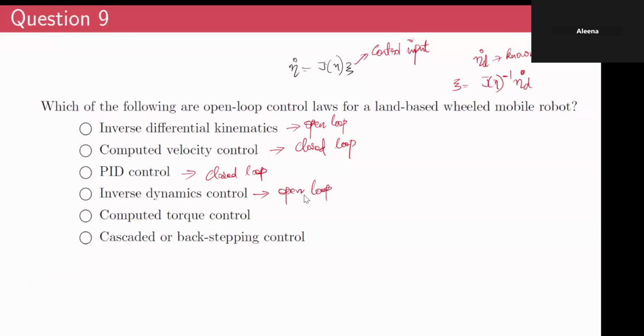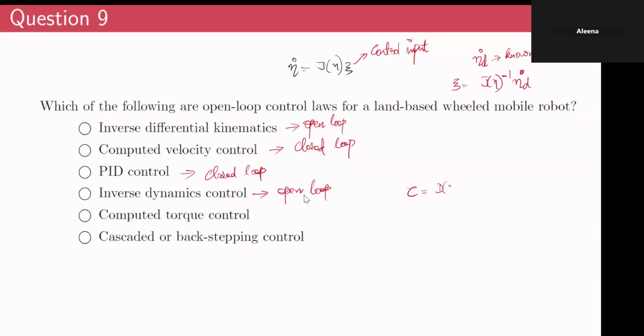Just like the inverse differential kinematics, the dynamics is defined by this equation: tau is D of zeta dot plus N of zeta. So you will have the desired positions, desired velocities, and desired accelerations. And if you know this, from kinematics you can also estimate desired positions, velocities, and accelerations in zeta coordinates.